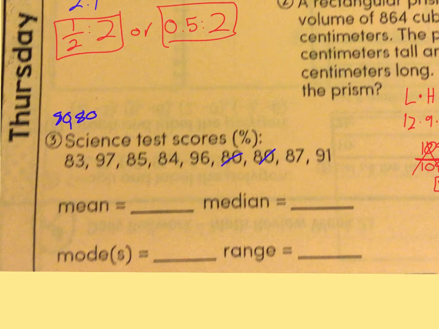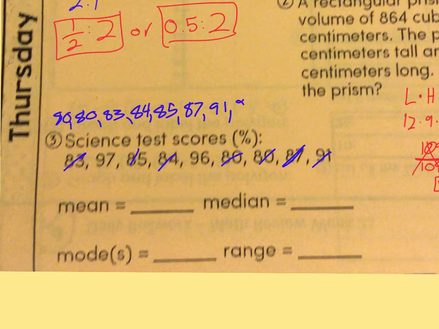It looks like we have an 83 and an 84 and an 85. And an 87 would come next. Then it looks like we get into the 90s, and we have 91, 96, and a 97 being our largest percent.